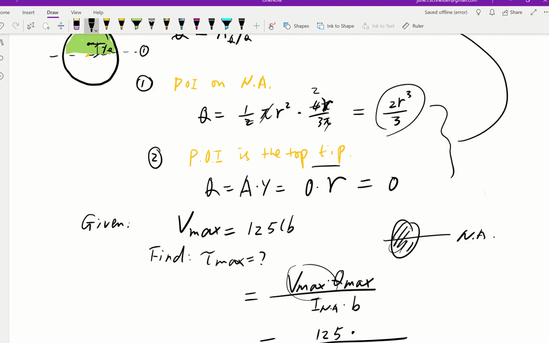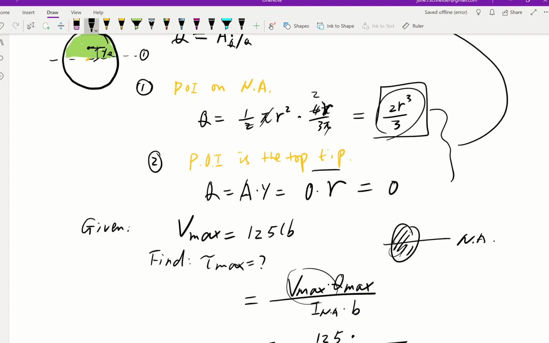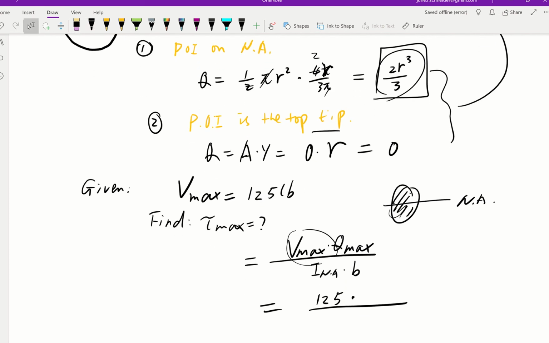And this value, you already know, it's 2r cubed over 3. So you don't need to redo it, you can just use that. Same thing for the rectangle you did earlier in the previous video. If you pause the video and go back to look at it, that should have a formula, which would be 1/8 b h squared, for your Q max.